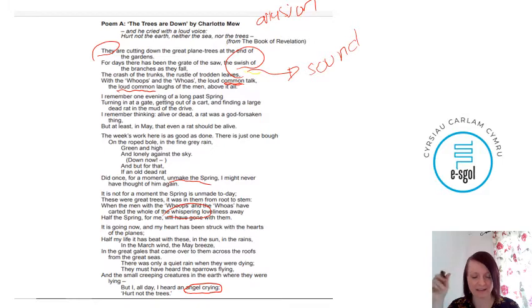And like I said, the loud and the common is repeated to emphasize the idea of maybe a lack of intelligence of the men, quite possibly, questioning the right that maybe they have to destroy nature that's developed over a course of centuries.